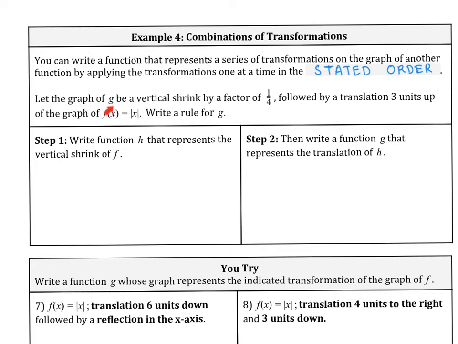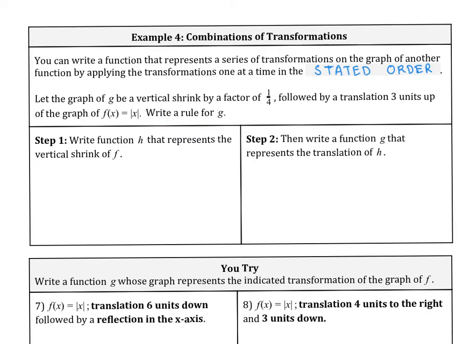Let the graph of g be a vertical shrink by a factor of 1/4, followed by a translation 3 units up of the graph of f(x) equals absolute value x. So write a rule for g.